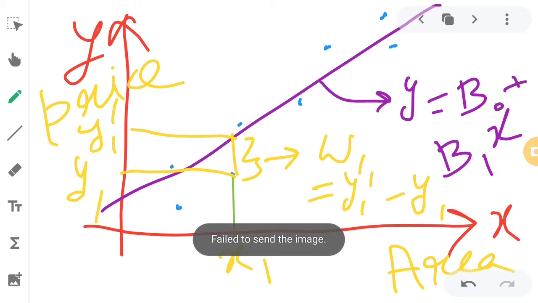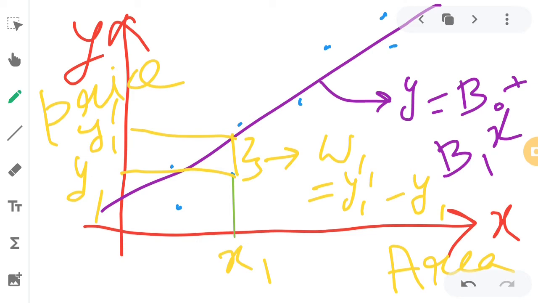Okay, for this point the error is w1, for this w2, for this wm, etc.